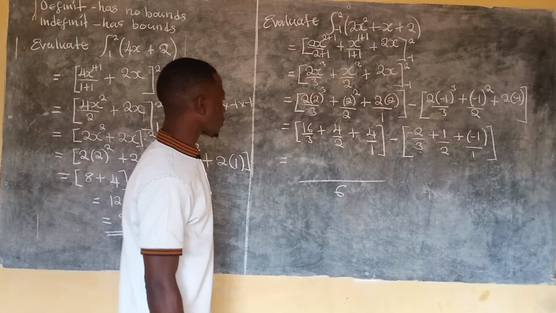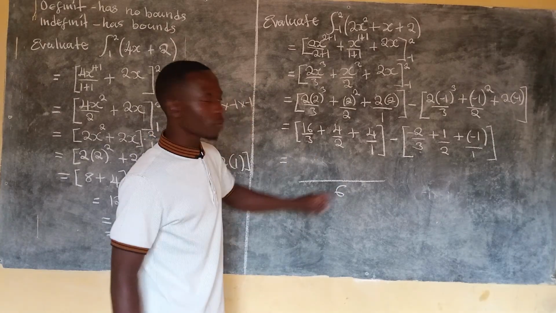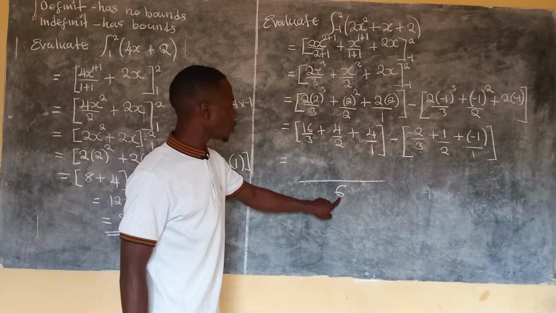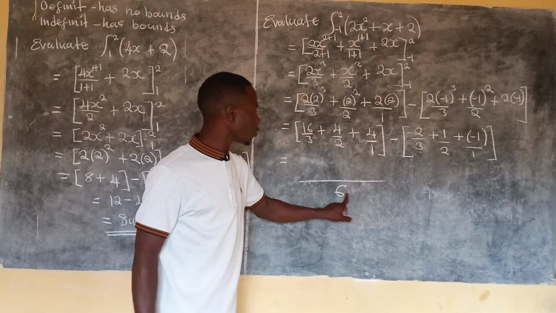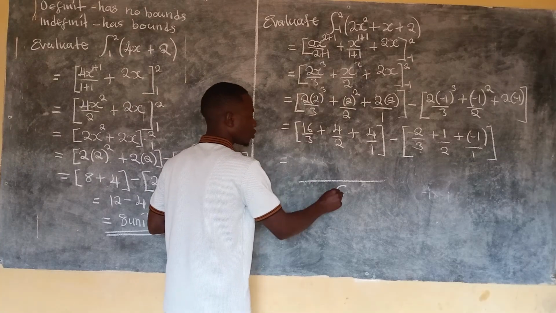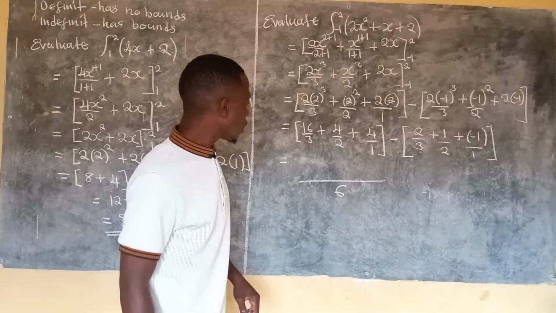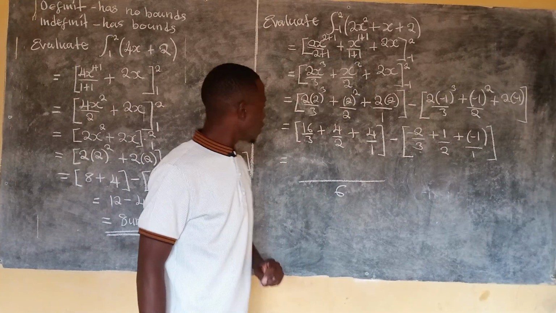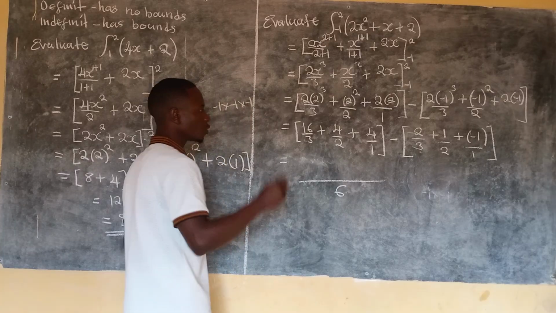Over 6. 3 can go into 6 without leaving a remainder. 2 can go into this one without leaving a remainder, and 1 can go into this one. So here is the thing. 3 can go into 6 how many times? 3 can go into 6 2 times.